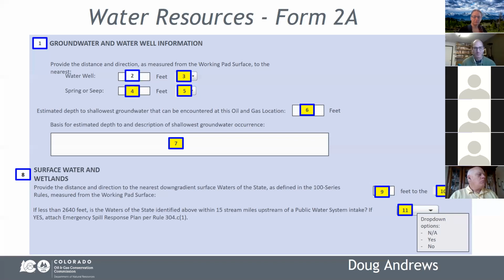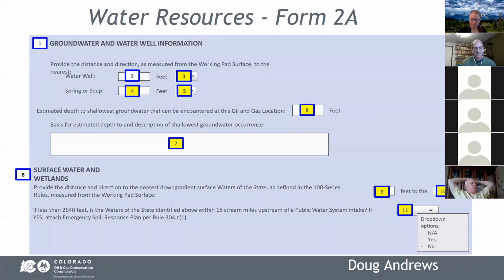And then after that, we have the question, estimated depth to shallowest groundwater that we can encounter at this oil and gas location. Again, very similar to the question that was on the existing Water Resources tab, but I wanted to talk about this a little bit more to help you guys get this question right.